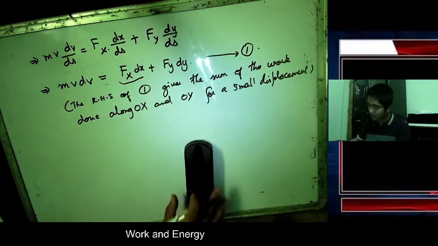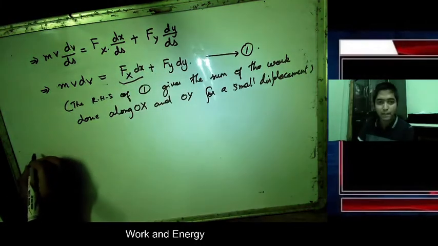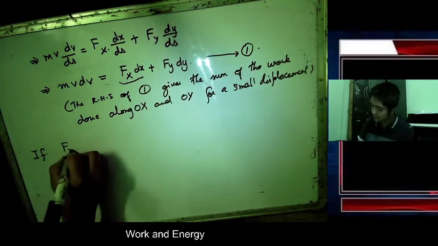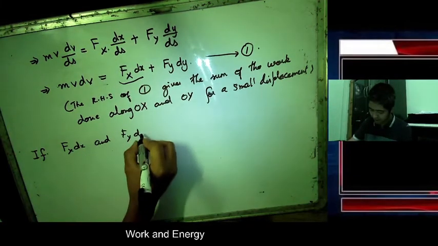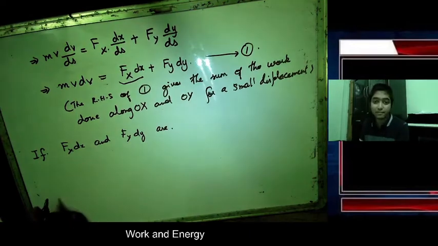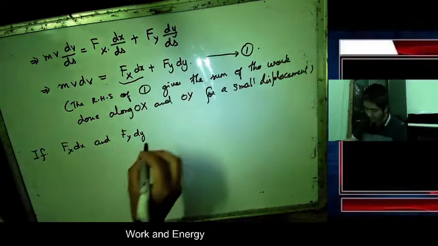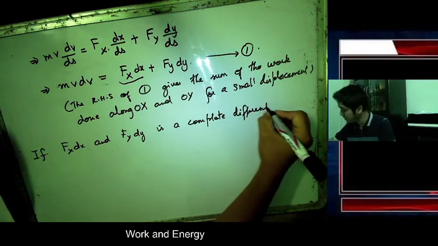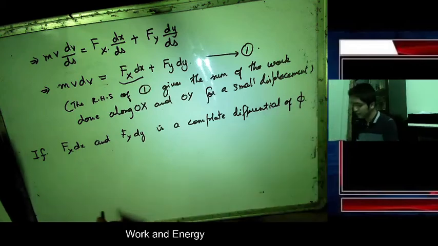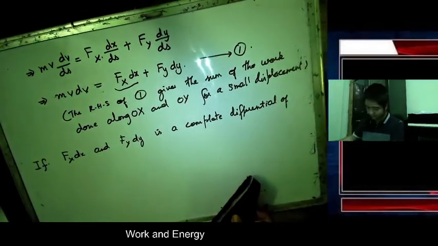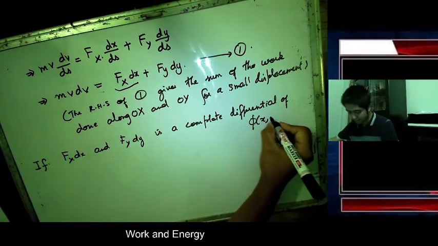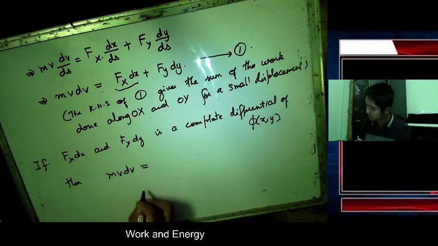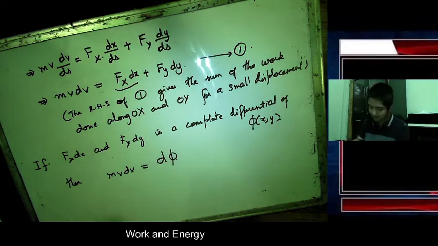So what can happen is sometimes, if Fx dx plus Fy dy is a complete differential of phi(x, y), then we can write this whole thing as d phi.